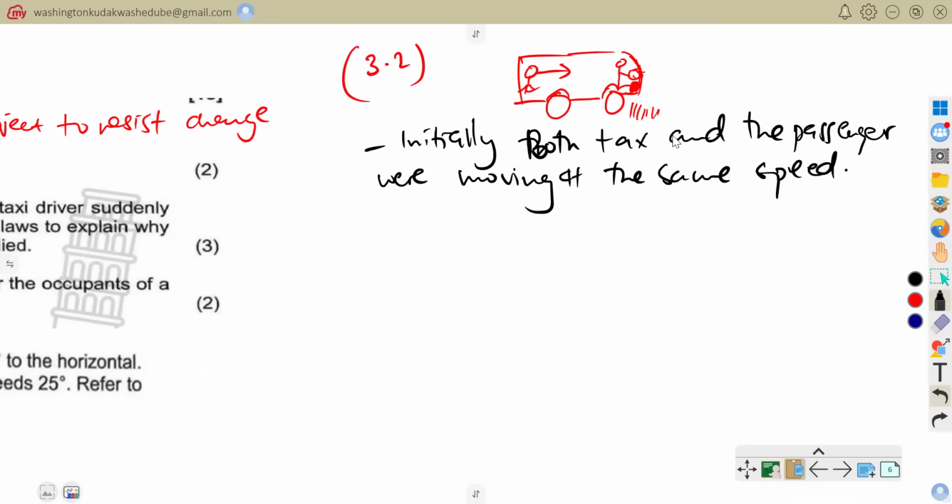Now the driver slams on the brakes, so the taxi comes to rest.